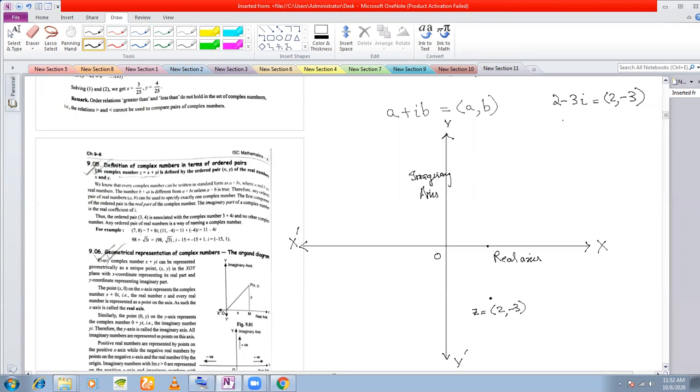If I want to represent a number, say 1 plus 2i, which can be written as (1, 2), I will represent this as 1 and then 2. So z1 = (1, 2) is a point here. This is called an Argand diagram.